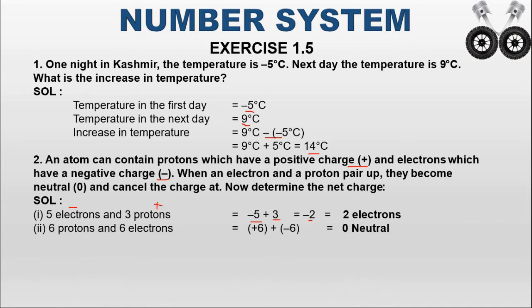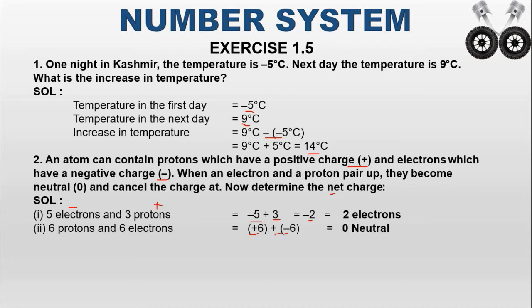So next one is 6 protons and 6 electrons. Protons are denoted as positive, so 6 protons can be written as plus 6. Electrons are denoted as negative, so that can be written as minus 6. So we are adding together. Net charge means we have to find the total. So plus 6 plus minus 6.